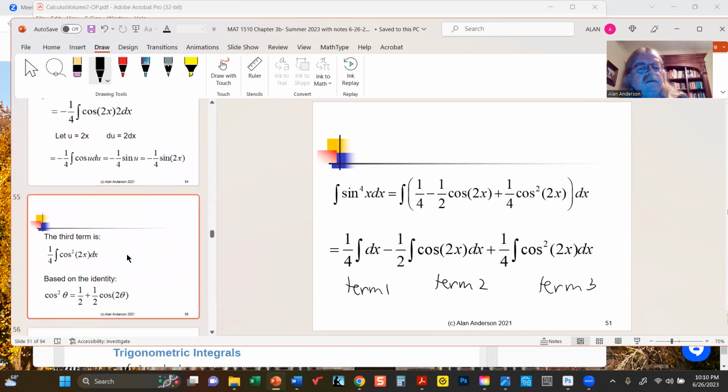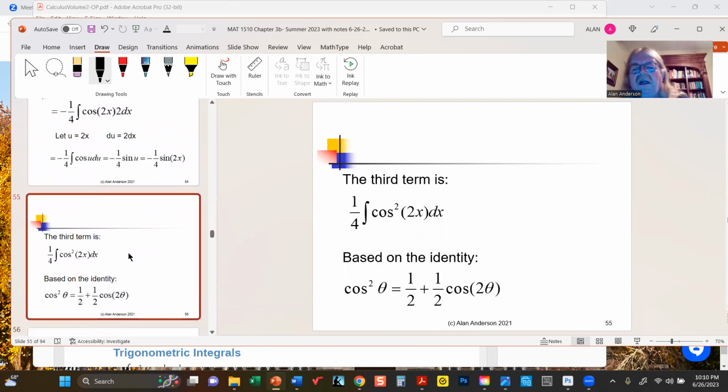Or maybe not. Well, here's one of those cases, though, where we have an opportunity to replace cosine squared with simply a double angle formula. And that's exactly what we're going to do. So this ends up being the equivalent of 1/4 times a half plus a half cosine.